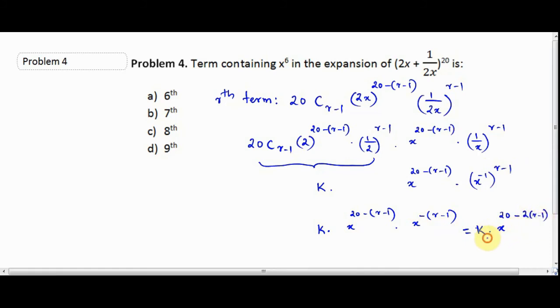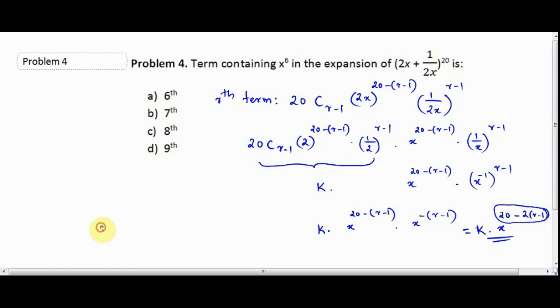So this is the general expression. For it to be the term containing x raised to 6, the exponent must be equal to 6.